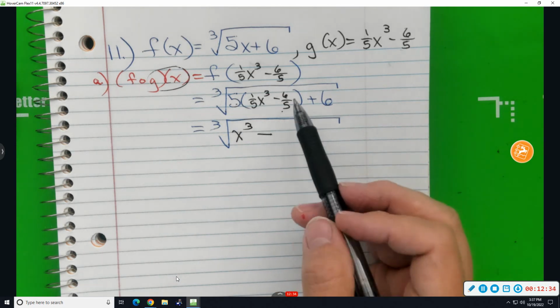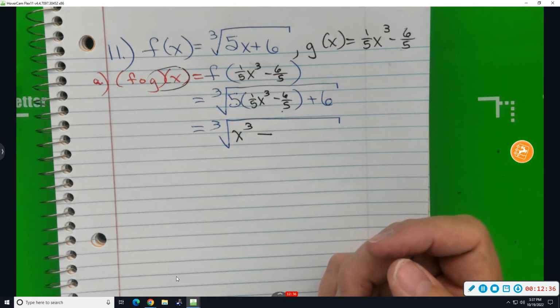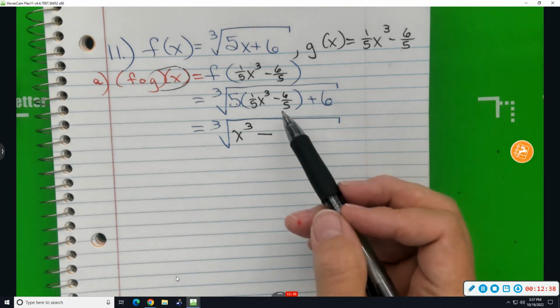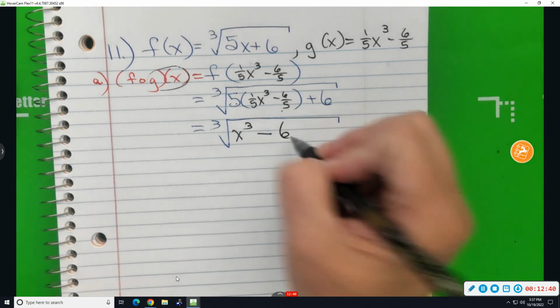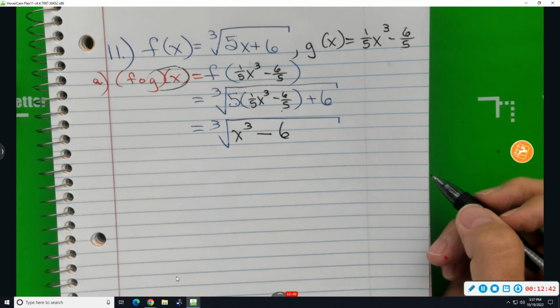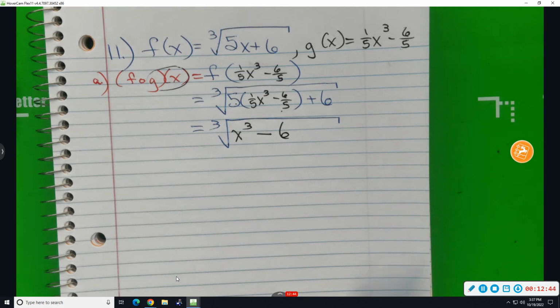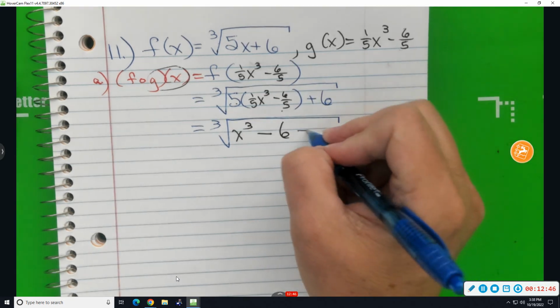The 5's cancel, leaving you just a 6 for x cubed minus 6, and we still have the plus 6.